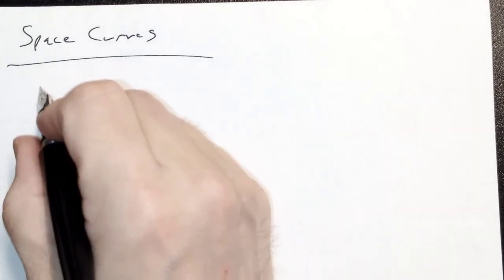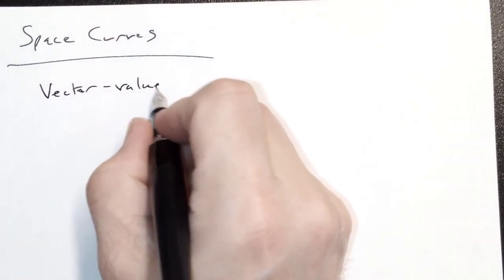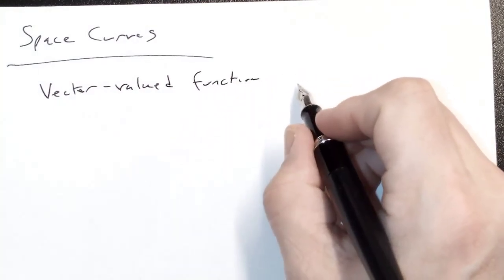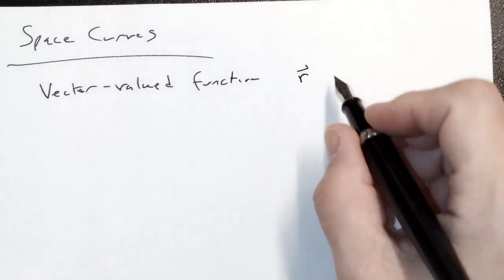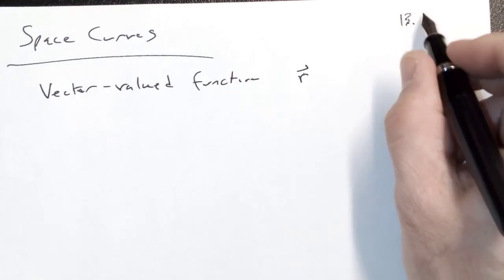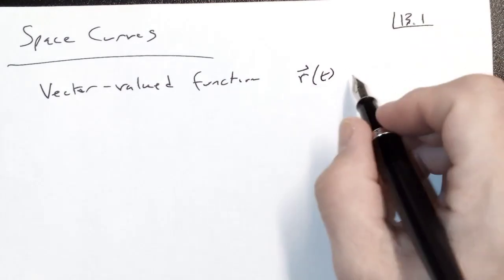But instead of talking about surfaces, I want to talk instead about curves. We already did lines, but a line is still an example here. We're thinking of a vector valued function. Its output is a vector.